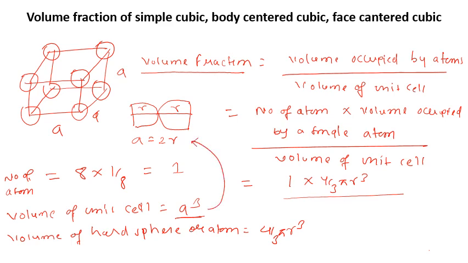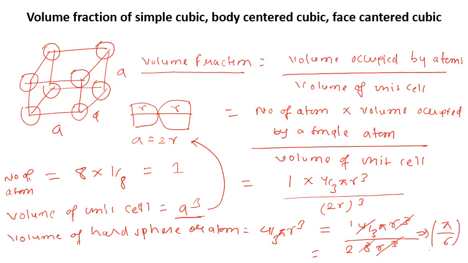If I put a is equal to 2r, our volume becomes 2r whole cube. So now we will simplify this expression. 8 r cube and r cube cancel out. This is 4, this is 2, this is pi by 6.